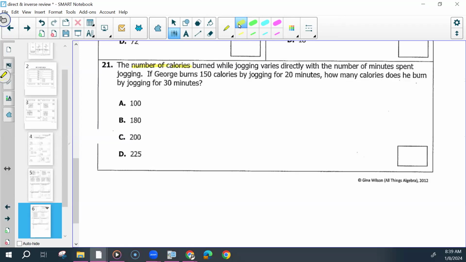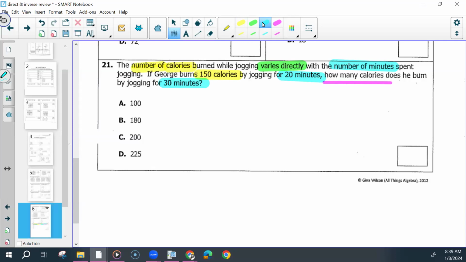Calories, varies directly, number of minutes, 150 calories, 20 minutes, calories, and 30 minutes, all the important.